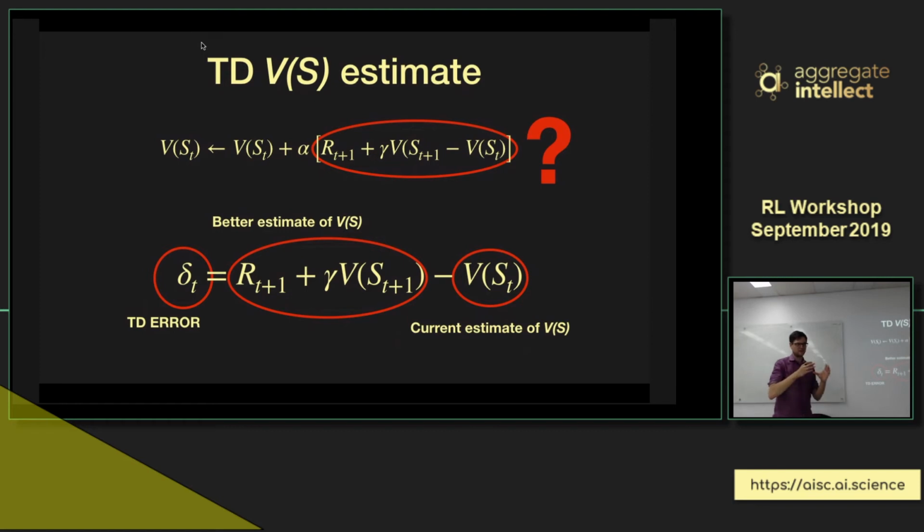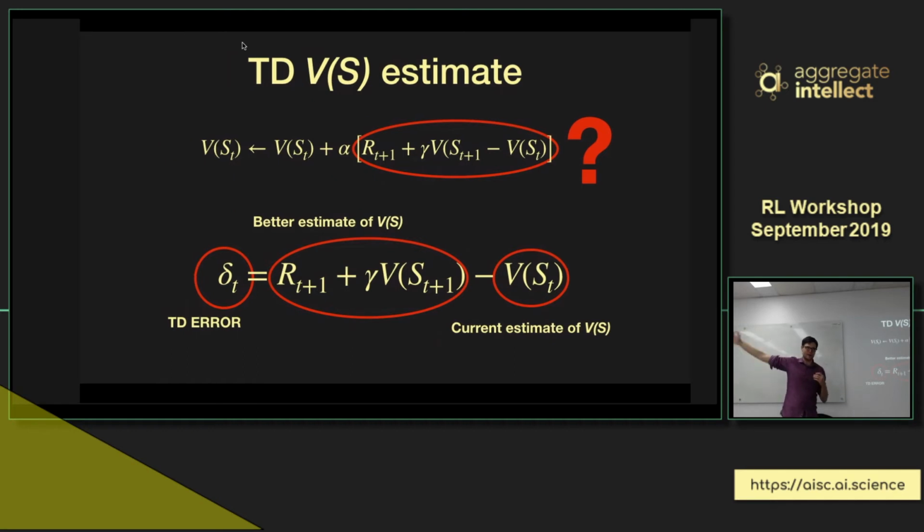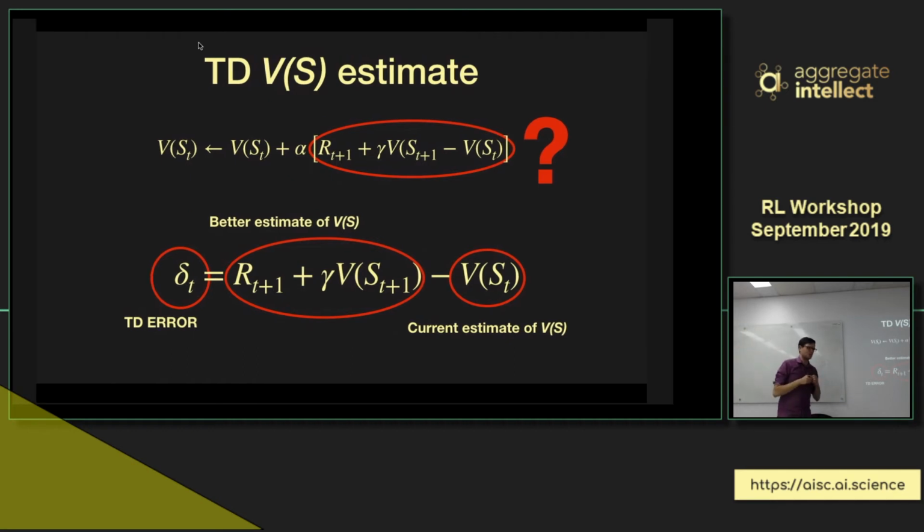So the value function is related to the reward, but it's not exactly the reward. The way the value function is defined is reward plus gamma of future rewards until the end of the episode. And what you can do, like in Monte Carlo, is sample over it.